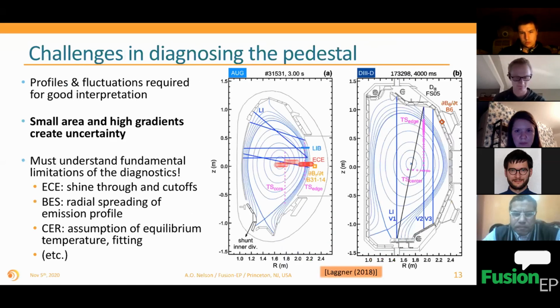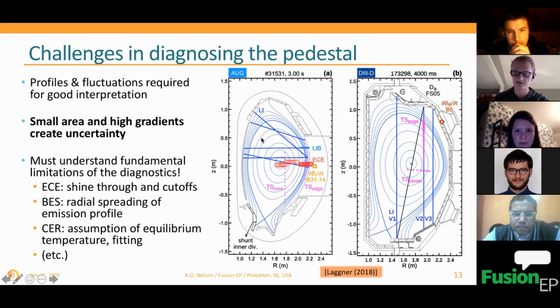Unfortunately, it's very difficult to understand the pedestal, and one of the reasons for this is it's difficult to diagnose. The pedestal around the very outside of the tokamak here is a very small layer. It's order centimeters, and it has super intense temperature and density gradients. So you have big changes in your plasma parameters over a small region of space, and due to this, you need really sensitive diagnostics.